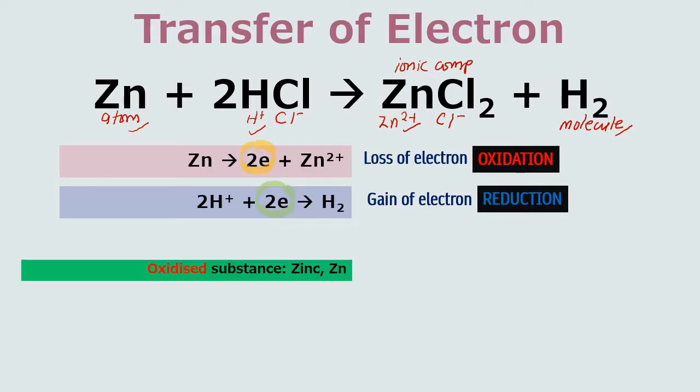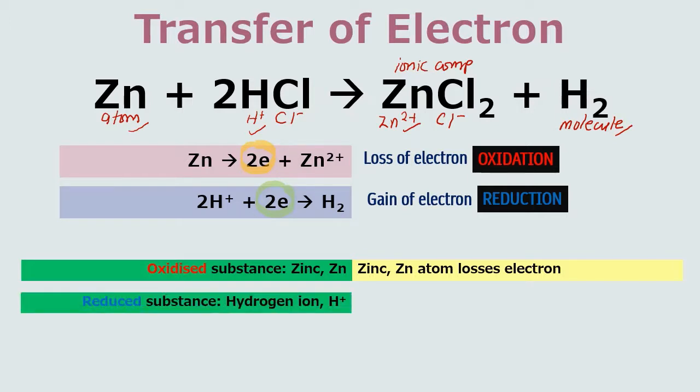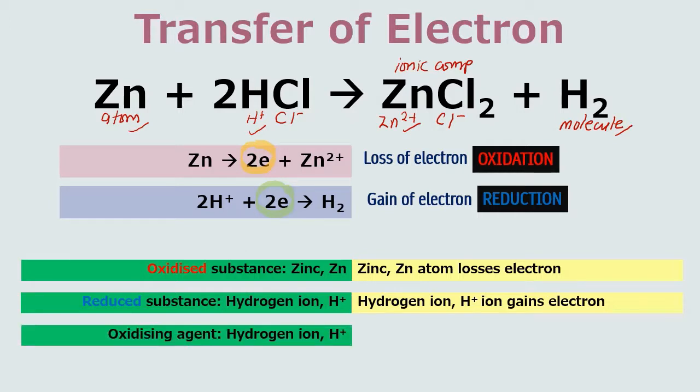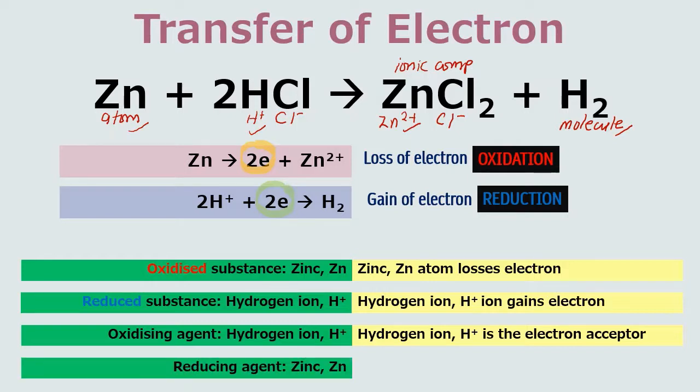Zinc is the oxidized substance because zinc atom loses electrons, while hydrogen ion is the reduced substance because hydrogen ions gain electrons. Hydrogen ion is an oxidizing agent because hydrogen ion is the electron acceptor, while zinc atom is a reducing agent because zinc atom is an electron donor.